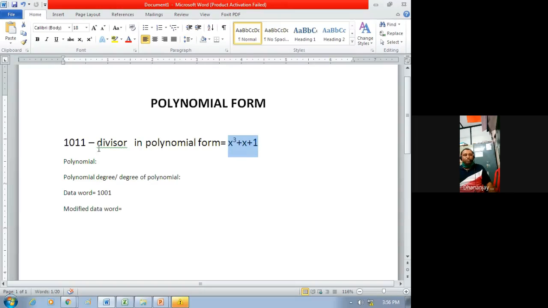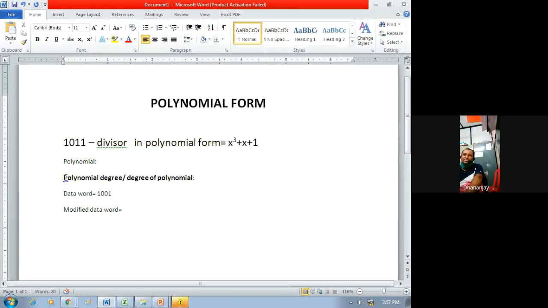They won't give you the value of the divisor in decimal form. They will give you directly the polynomial form only. And in most of the exam papers, if you see, everywhere the polynomial form of divisor has been used. Now if the polynomial form of the divisor has a degree of polynomial, आता या टर्म वरती बघूयात हे नेमकं काय आहे.